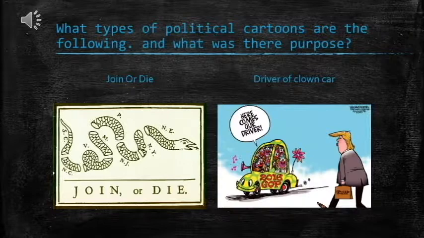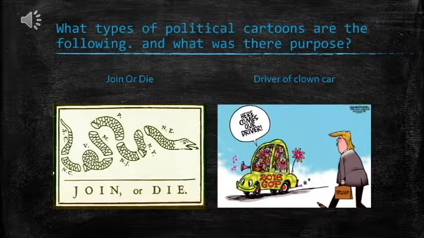But if you look at this for what it really is, and look at it in depth, the political cartoon is really saying the colonies must join together or die. The colonies have to join. The snake has to become one. So the purpose of this was that they wanted to get the people to rise up. They wanted them to fight.